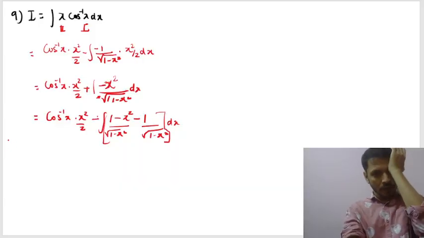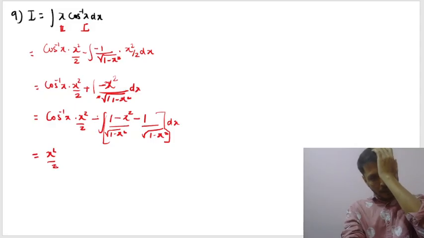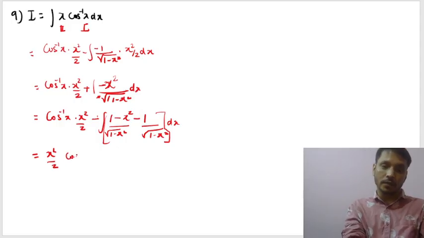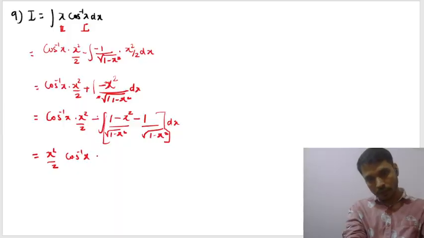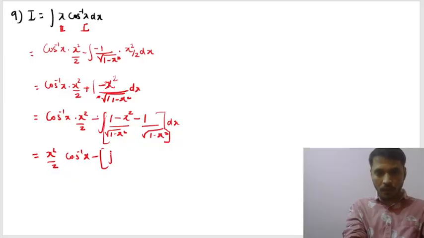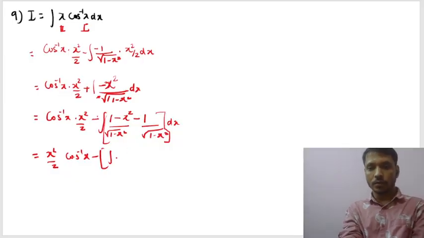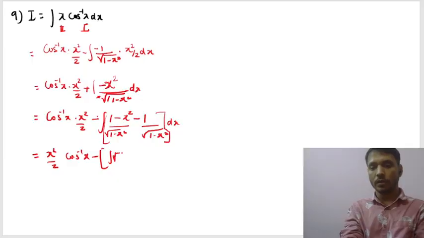Now what we can do further? This x square by 2 outside, and it is cos inverse x. Alright. Inside the integration, inside the bracket, if you rationalize this part, this will give only under root of 1 minus x square.